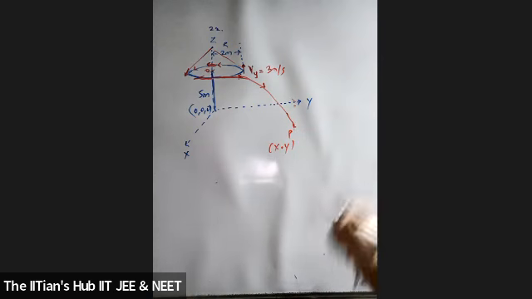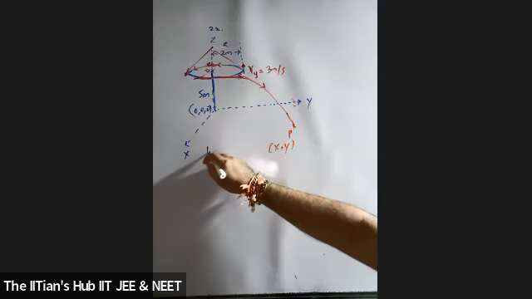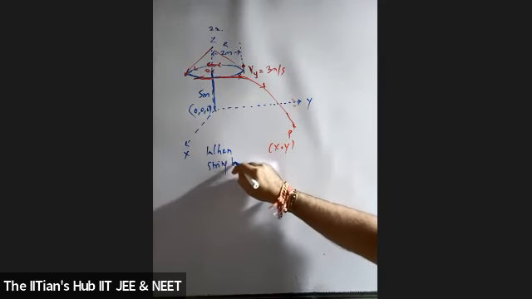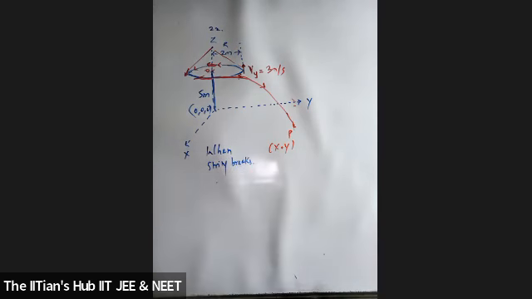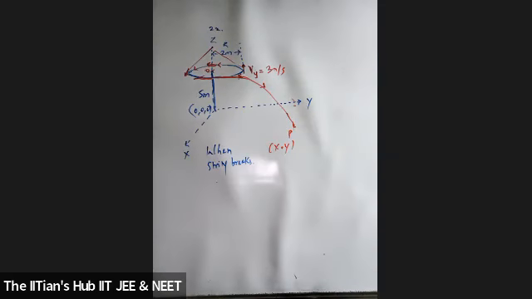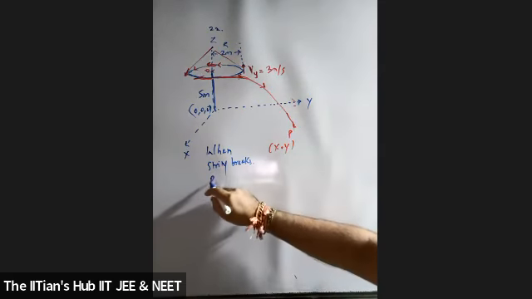I'll give you a hint. When the string breaks, students, the particle starts its motion from what coordinate? Can you tell me? Sir, 2, 0, 5. Absolutely correct.